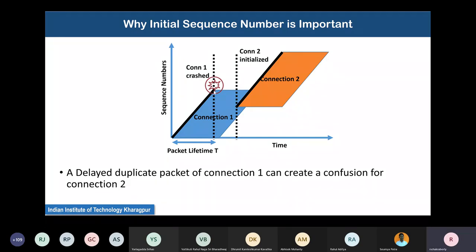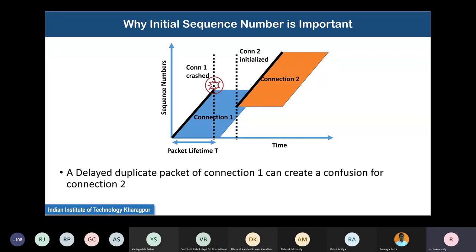The issue is that at some point of time the connection crashes, maybe because one of the two communicating agents crashes, and finally it comes up after a certain duration of time, which is shown by this dotted line. The question is, what will be the initial segment number when it comes back?